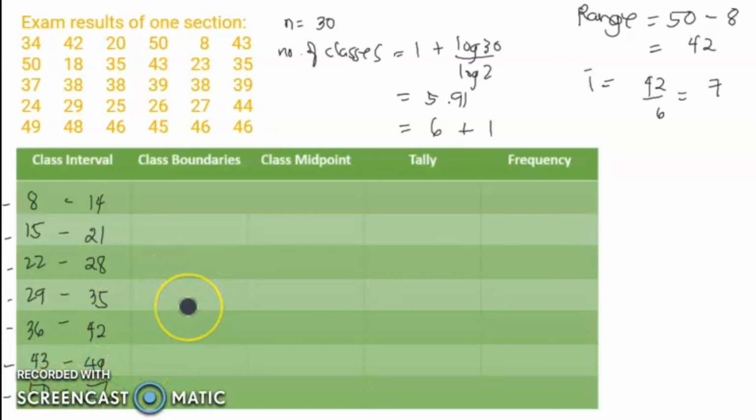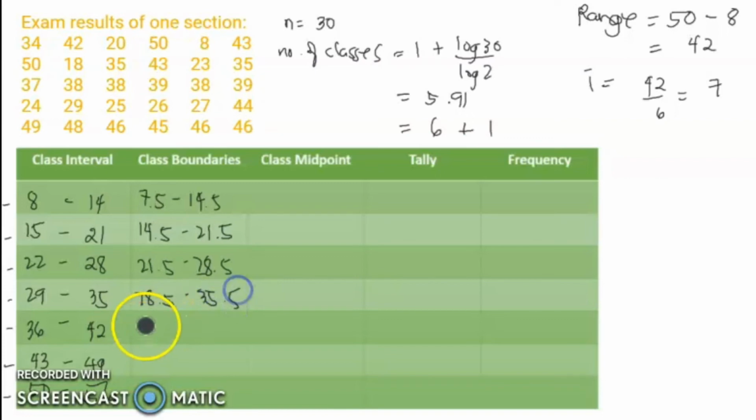Class boundaries: because these are whole numbers, we just subtract 0.5 from the lower and add 0.5 to the upper. So that's 7.5 to 14.5, 14.5 to 21.5, 21.5 to 28.5, 28.5 to 35.5, 35.5 to 42.5, 42.5 to 49.5, and last but not the least, 49.5 to 56.5.